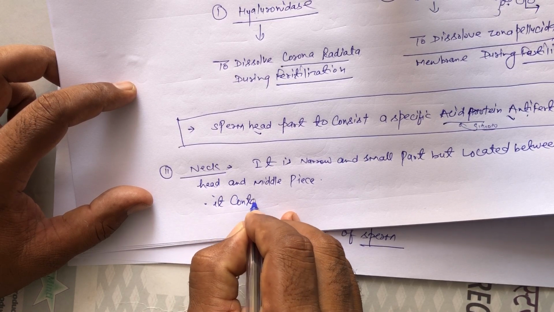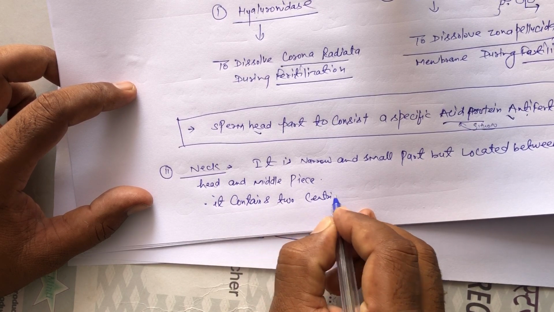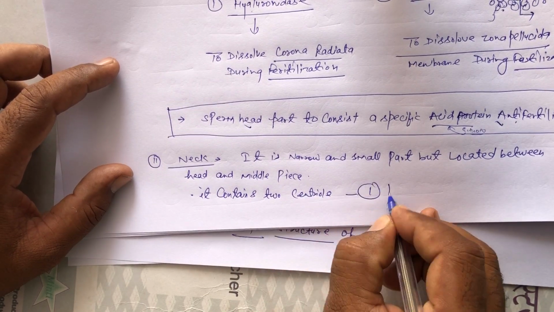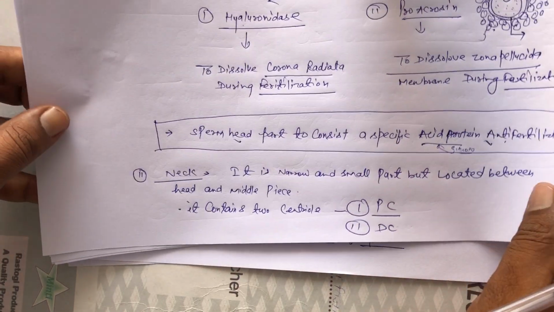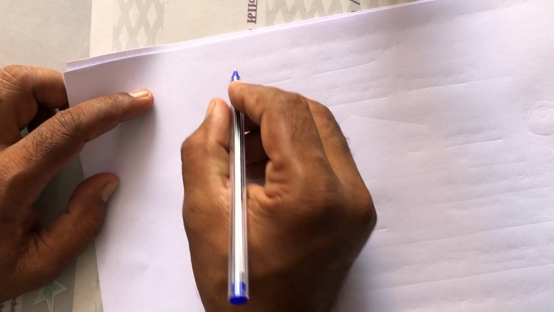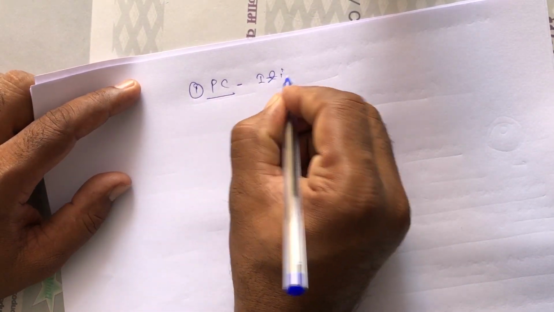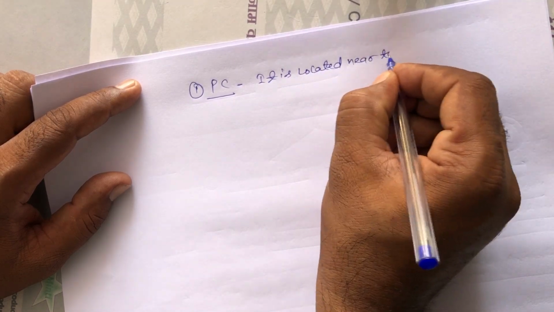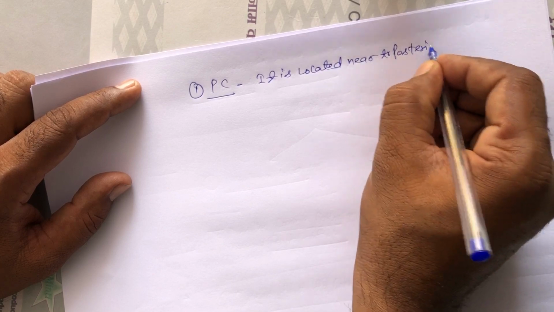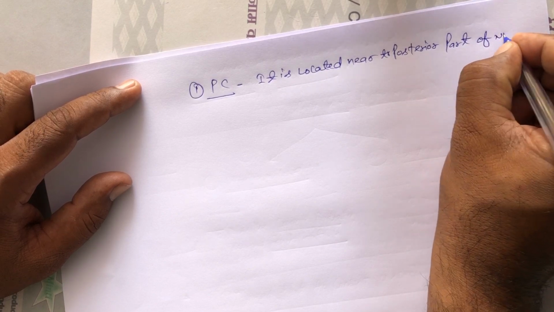It contains two centrioles. First is the proximal centriole, PC. Second is the distal centriole. First of all, the proximal centriole, PC, is located near the posterior part of the nucleus.